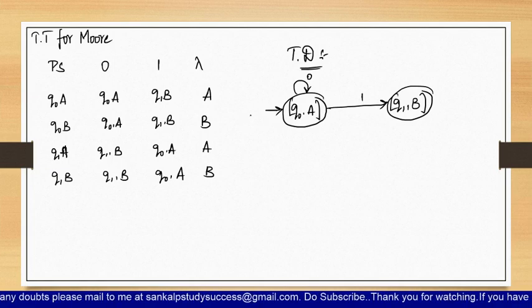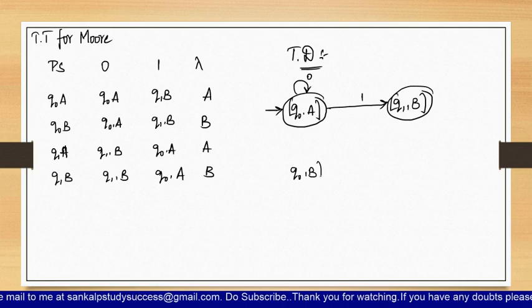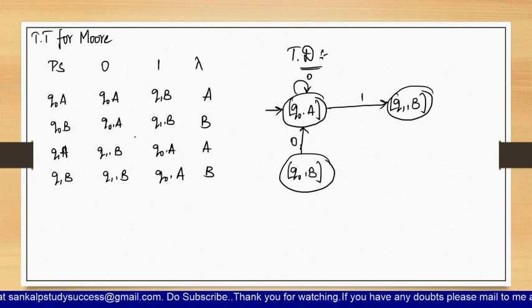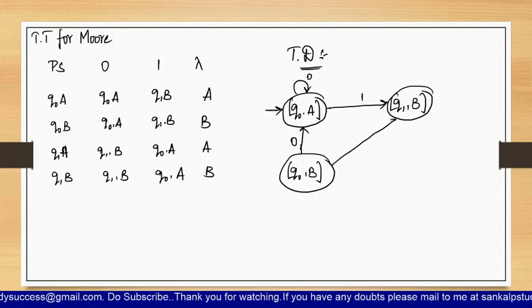Now for Q0 comma B, if you apply 0, it moves to Q0 comma A. By applying 1, it is moving to Q1 comma B. Now for Q1 comma A, let us take one more state.